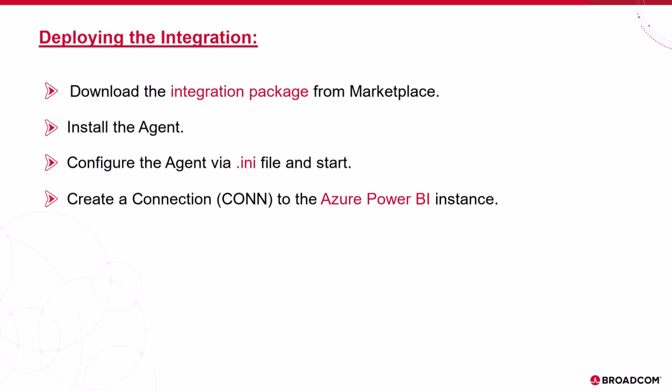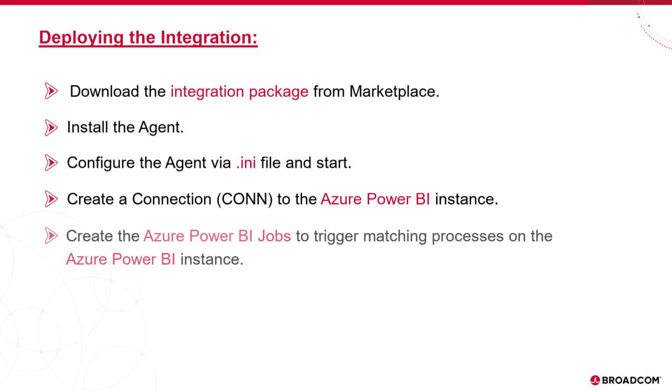Finally, we use the Azure Power BI template jobs to create the jobs we need. We match these Automic automation jobs to the Azure Power BI jobs, reference the connection object, and run them. We're able to supervise the jobs, generate logs, and retrieve the statuses. The jobs can then be incorporated into non-cloud workflows.